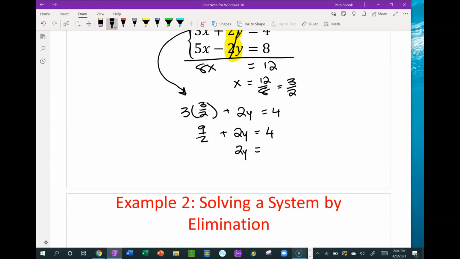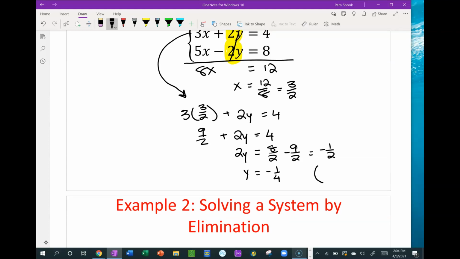I'm going to rewrite the 4 as 8 over 2. So when I subtract my 9 halves, I have a common denominator. I'm going to get 2y equals negative 1 half, and then divide that by 2, I get y equals negative 1/4. So my final answer for this system is x is 3 halves and y is negative 1/4.